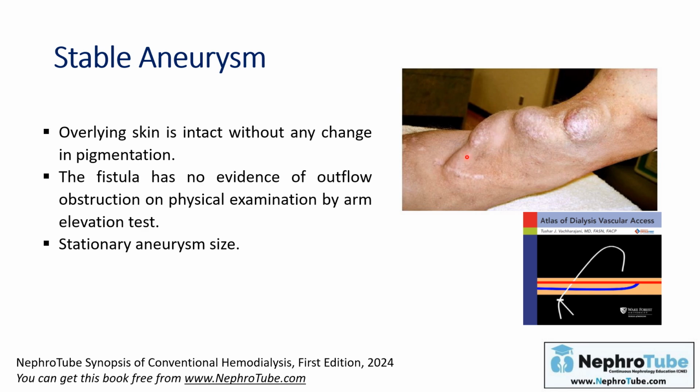The fistula should show no evidence of outflow obstruction, and I will mention at the end of this lecture how to detect outflow obstruction in this fistula by using the arm elevation test. And to say that this aneurysm is stable, its size should be stationary.